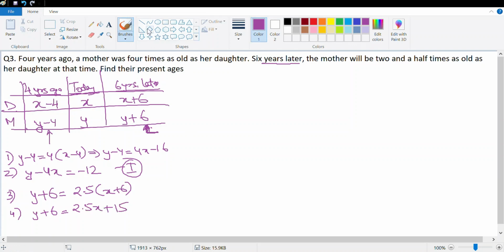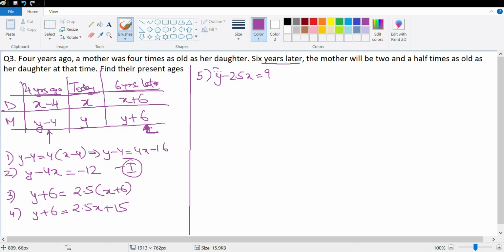So that's the relation, but let's put x on one side. So what we get is, not y minus 2x, y minus 2.5x is equal to 15 minus 6, that's 9. Right, y minus 2.5x is equal to 9.